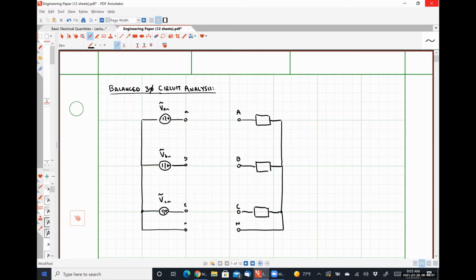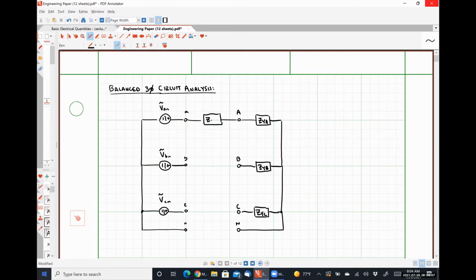I'm going to call this impedance here on the A phase ZYA, this impedance here on the B phase of the load ZYB, and this impedance here on the C phase of the load ZYC. Our Y-connected source will be connected to our Y-connected load by a series of transmission lines. So I'm going to draw those in the middle.